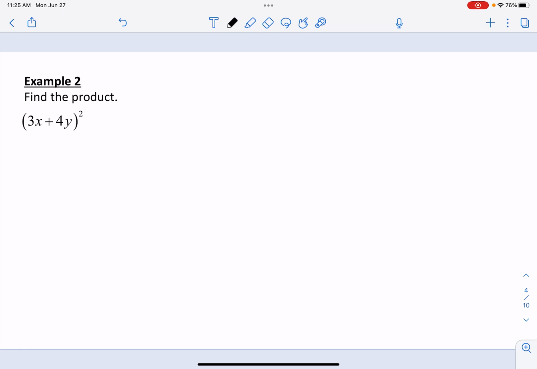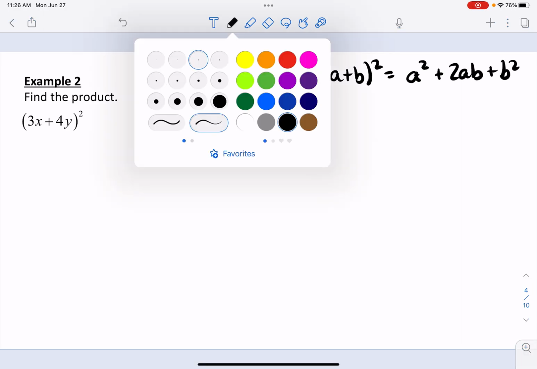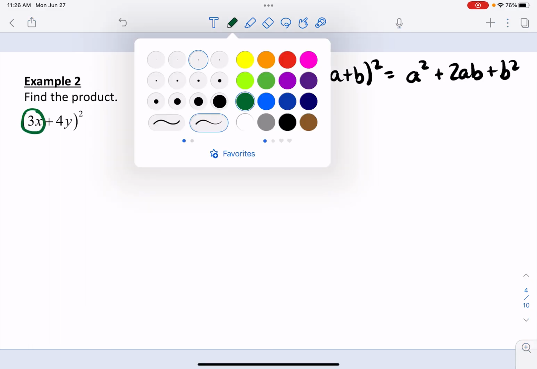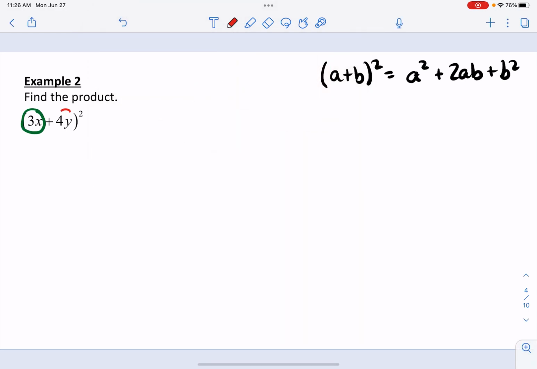Okay, finding this product. Again, remember, a plus b squared. I'm going to take away that parenthesis: a squared plus 2ab plus b squared. So in this case, my 3x, I'm going to make that my a. The 4y, I'm going to make that my b.